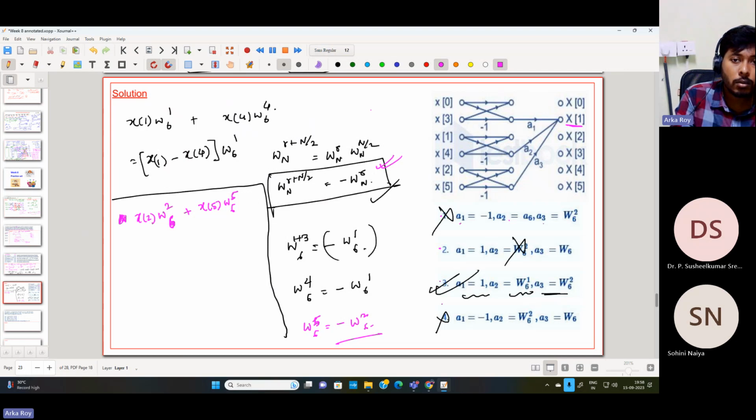If you put r equal to 2 and n by 2 equal to 3, then 2 plus 3 is equal to 5. So W6 5 is basically minus W6 2. So this will give you x2 minus x5, and the twiddle factor corresponding to this operation will be W6 2. So the last answer will be W6 2 over here. So option 3 is the correct answer for this particular question.